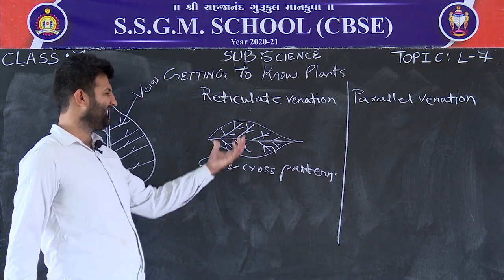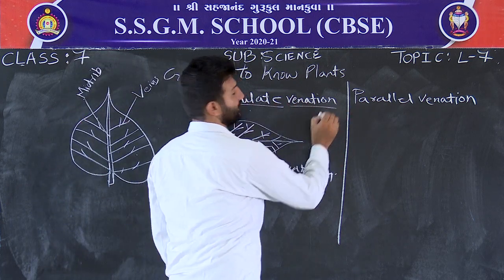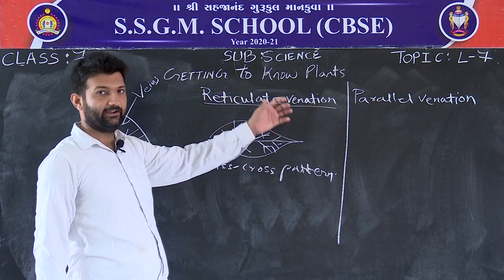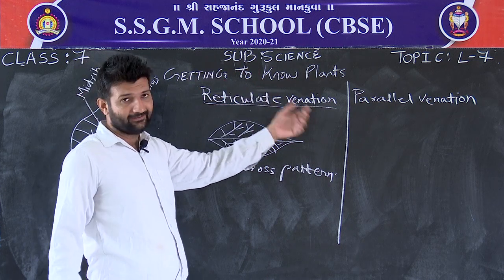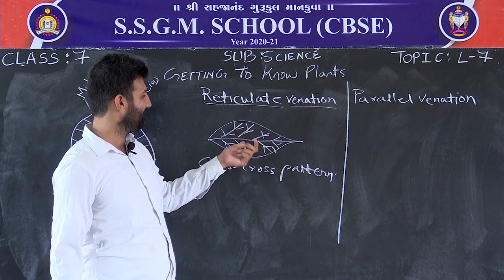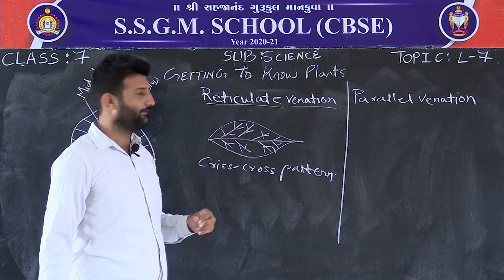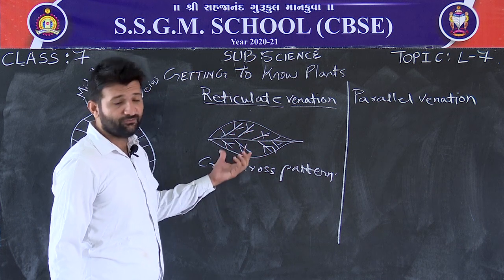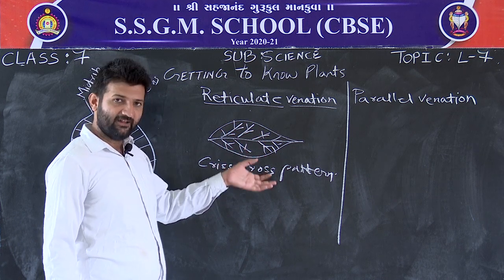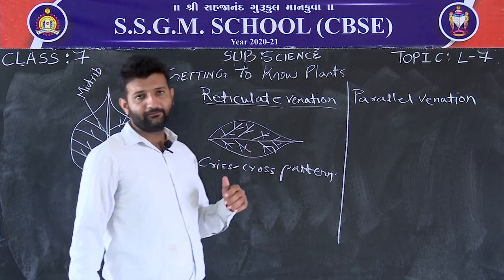This type of crisscross pattern is known as reticulate venation, reticulate design, or reticulate pattern. All are the same. The pattern means the design on both sides of the midrib that we observe on a leaf. So leaves which have a crisscross or web-like pattern are known as reticulate venation.